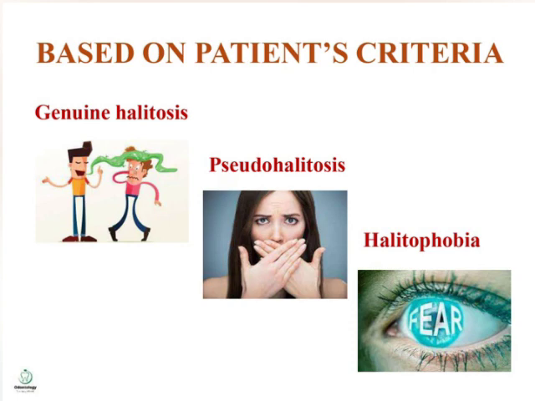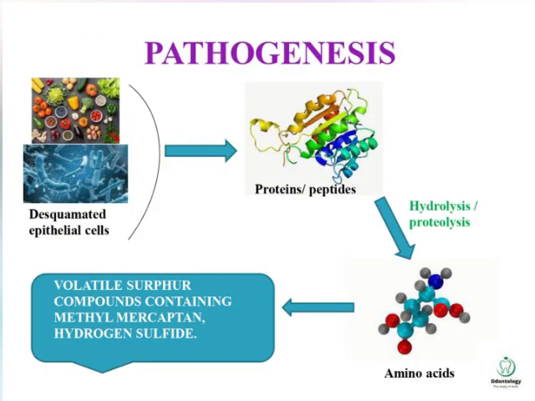When an obvious breath malodor cannot be perceived but the patient is convinced that he or she suffers from it, this is called pseudo-halitosis. The halitophobia is nothing but a fear. If the patient still believes that there is a bad breath after treatment of genuine halitosis or pseudo-halitosis, one considers halitophobia, which is recognized as a psychiatric condition.